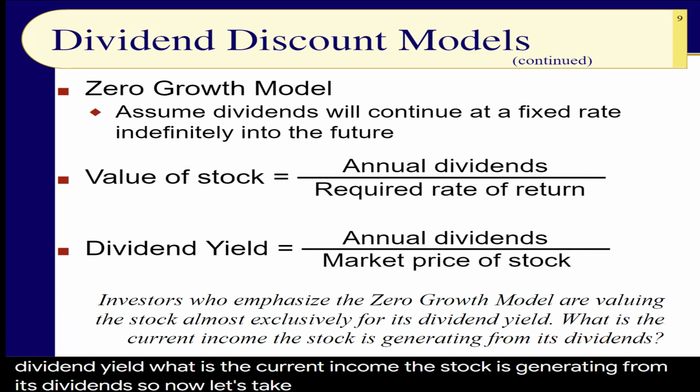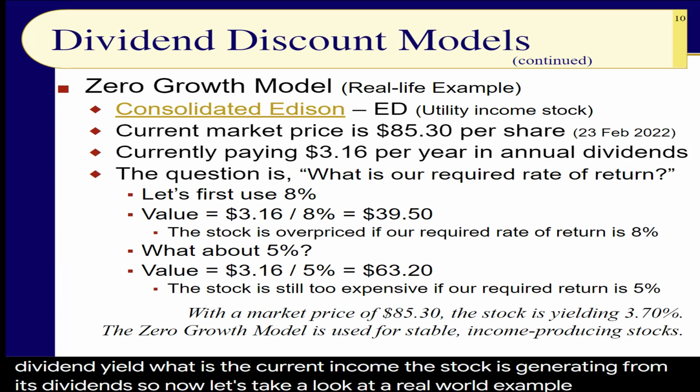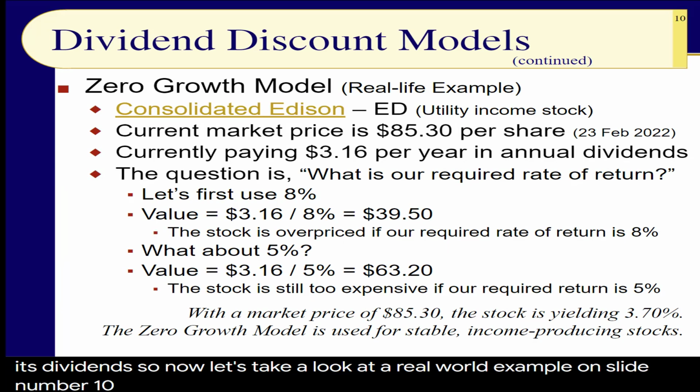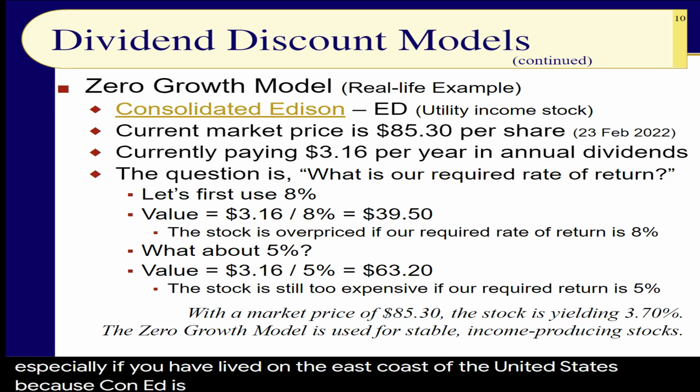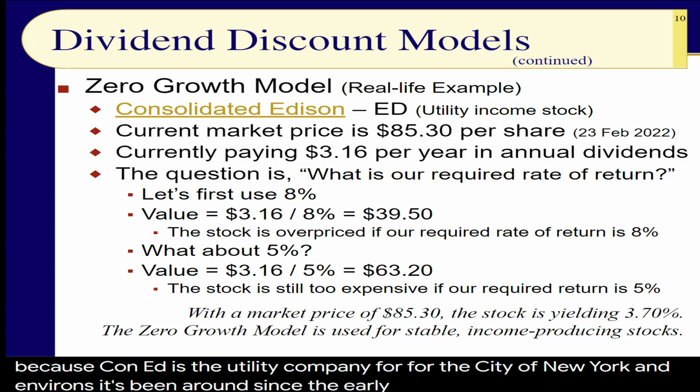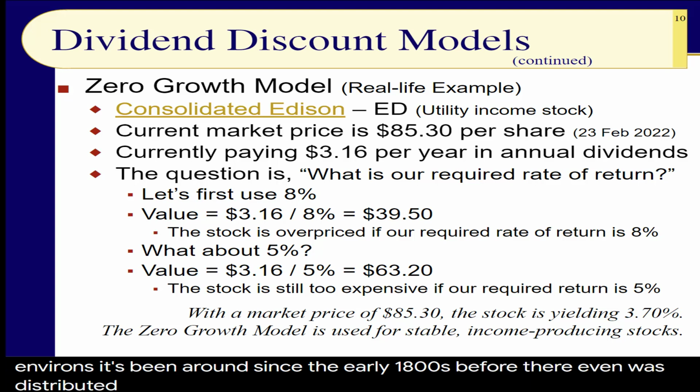So now let's take a look at a real world example on slide number 10. You may have heard of Consolidated Edison, Con Ed, especially if you have lived on the East Coast of the United States, because Con Ed is the utility company for the city of New York and environs. It's been around since the early 1800s, before there even was distributed electricity.